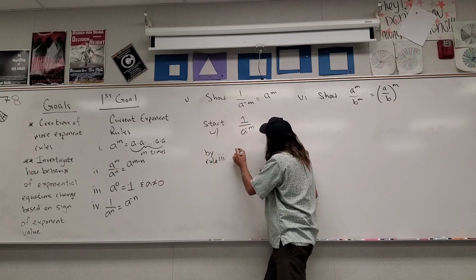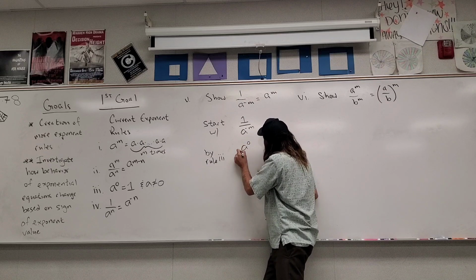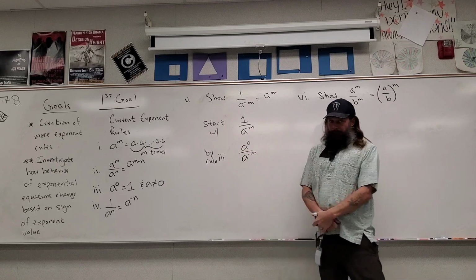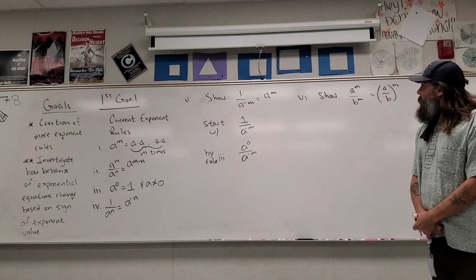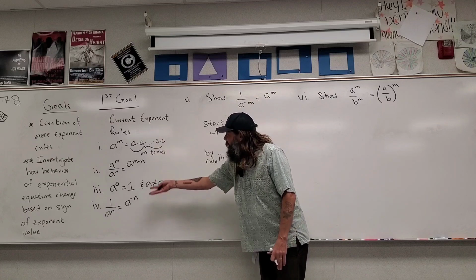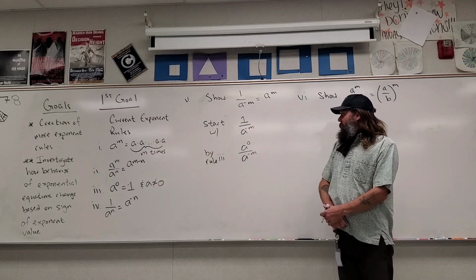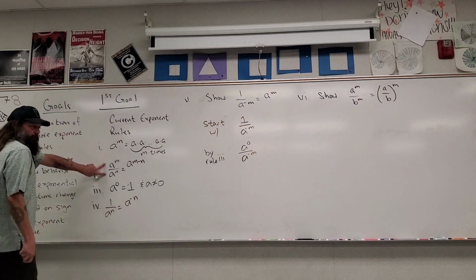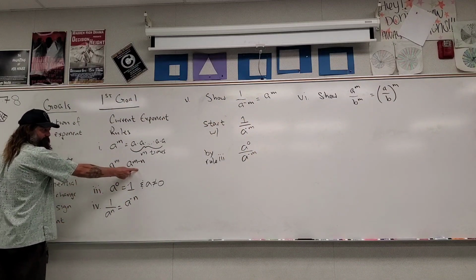we now turn a 1 into a to the power 0. Now let's see if I have anything. Do I have another rule over here? And I actually have, this is rule number 2. I have the left side of rule 2, so I can now go to the right side of rule 2.